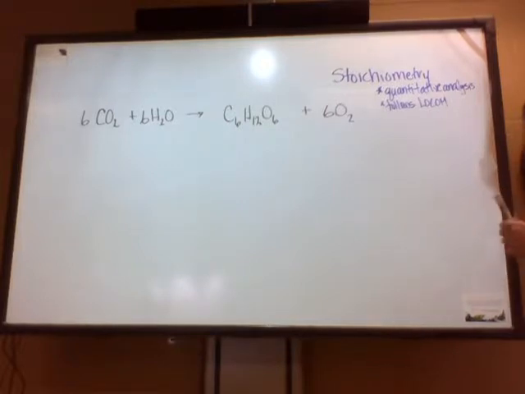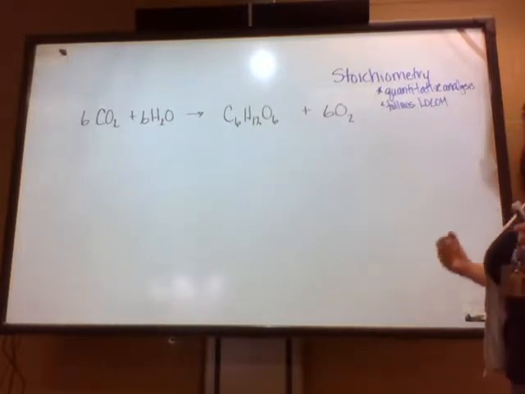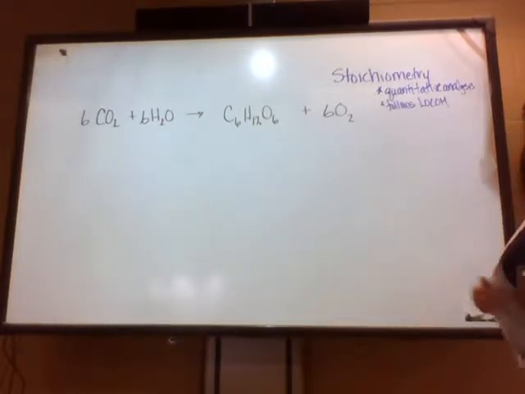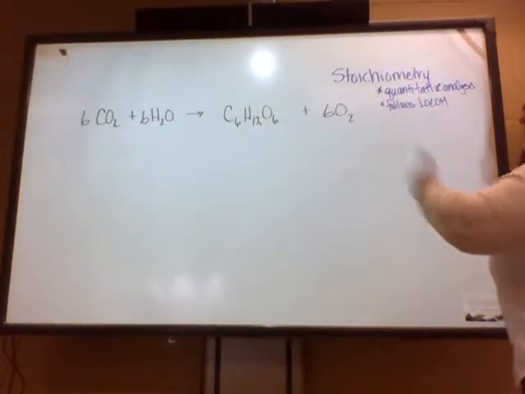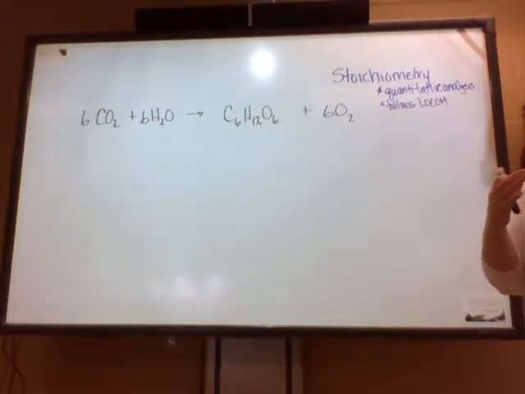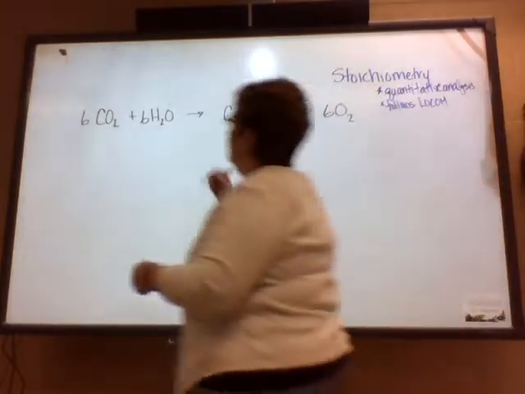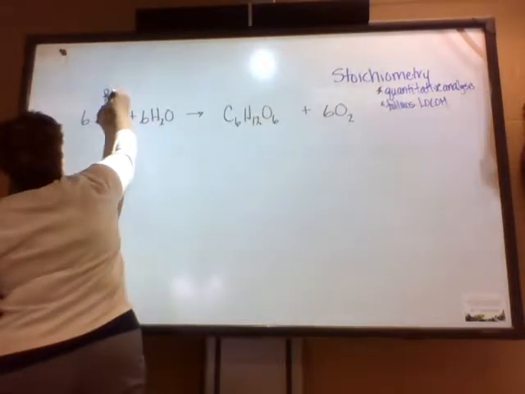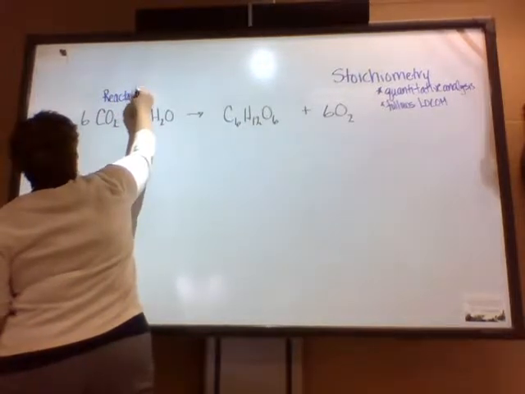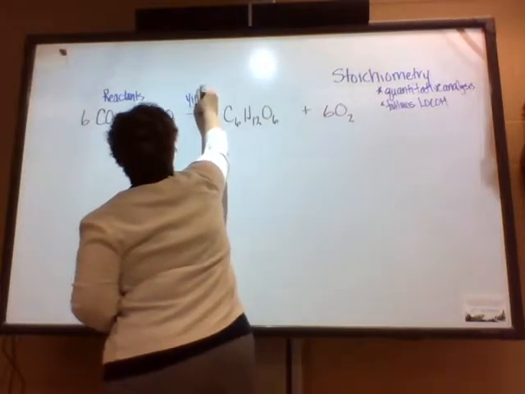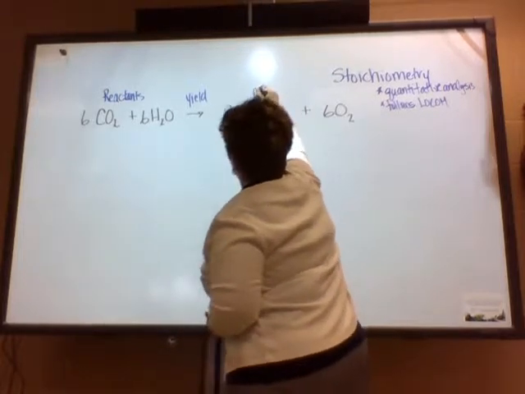Okay, so what does this mean? Well, first of all, I really have to understand the relationships here. I know on the left-hand side of the reaction, those are the reactants. Very good. These are the reactants, and they yield the products. Good.